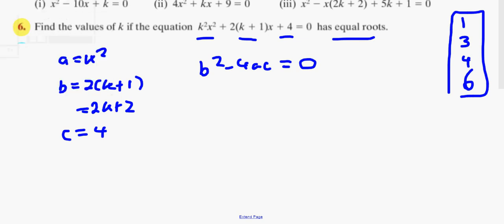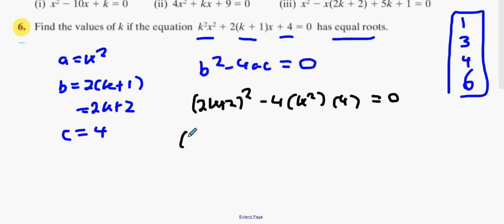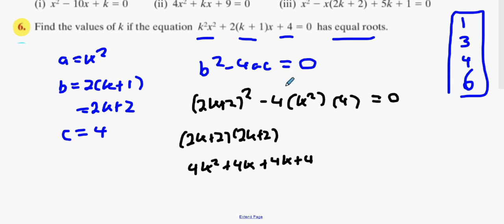Now, 2k plus 2 squared minus 4 times k squared times 4 equals 0. 2k plus 2 multiplied by 2k plus 2, same as 4k squared plus 4k plus 4k plus 4, minus 16k squared equals 0.